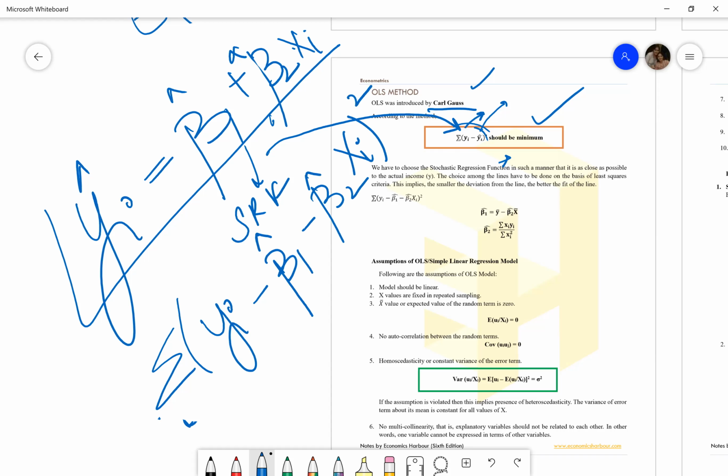Ma'am, here in this stochastic case, why are we not adding this mu i? Because we are considering that our error term is negligible. That's why we are saying that it's not always necessary that in a stochastic regression function, you always include your error term.